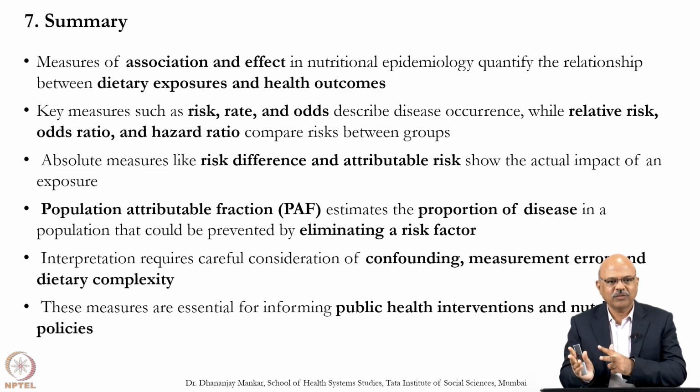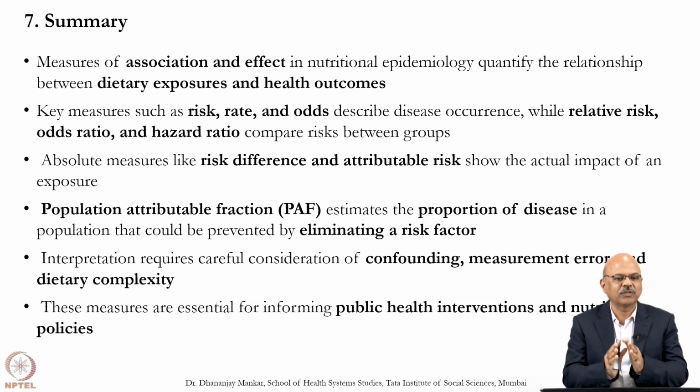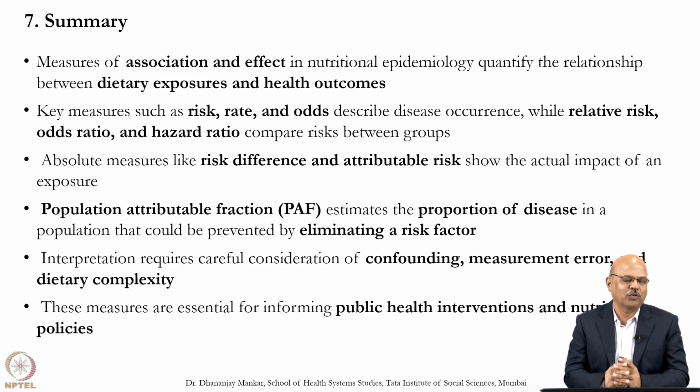So comparison is there on the other part, versus the disease occurrence on the first part. Absolute measures like risk difference and attributable risk also show the actual impact of exposure. So you can understand how important it is to understand the absolute measures.